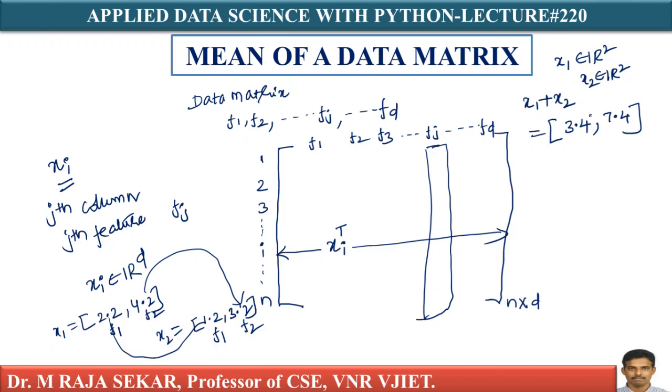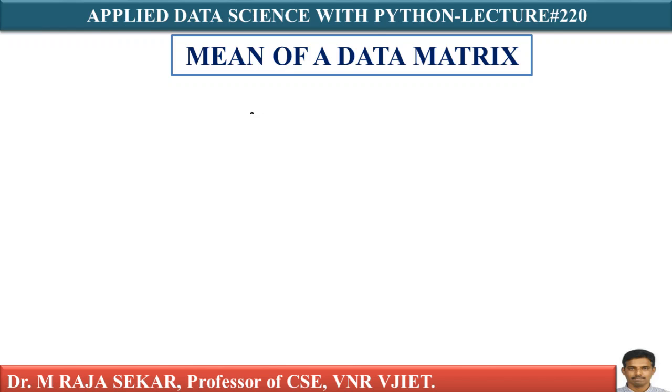So mean of vectors. Suppose I compute x bar. How can I calculate my x bar? X bar is essentially 1 by n into sigma i equal to 1 to n of xi. What I am doing is a component wise sum, and I'm taking the average.